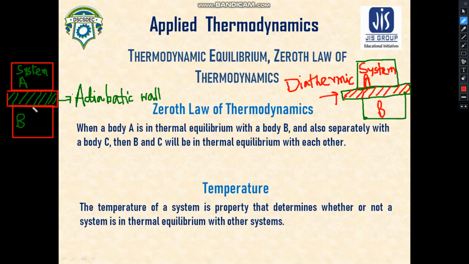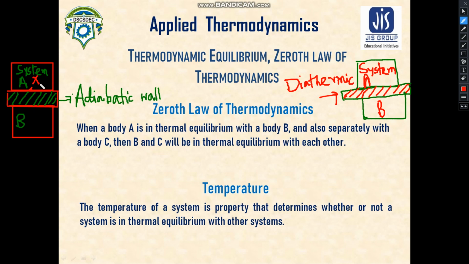So what is the difference here? If there is an adiabatic wall present, these two systems can't interact with each other.